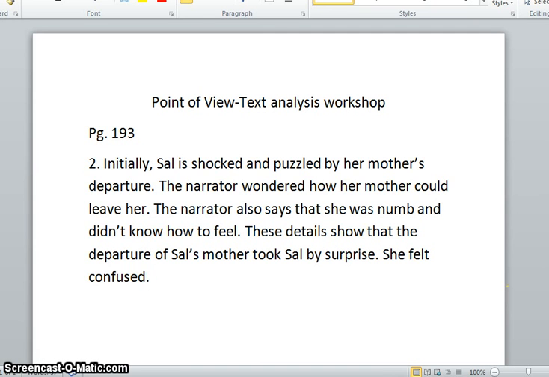Okay, I'm going to read over my answer. Initially, Sal is shocked and puzzled by her mother's departure. The narrator wondered how her mother could leave her. The narrator also says that she was numb and didn't know how to feel. These details show that the departure of Sal's mother took Sal by surprise. She felt confused. So that is my answer to question number 2.